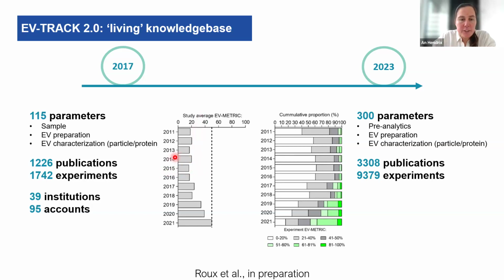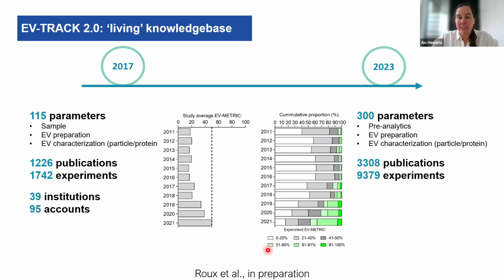Remember, in 2014, we had the first release of the MISEV guidelines, and in 2018, the first community-supported MISEV guidelines. And what we actually observe is that since the release of the MISEV 2018 guidelines, there is a substantial increase in the EV-METRIC, indicating that the development of these guidelines really stimulates the improvement of transparency and reproducibility. What we also observe is that there is an increase in the number of manuscripts that achieve an EV-METRIC of 50% and higher.